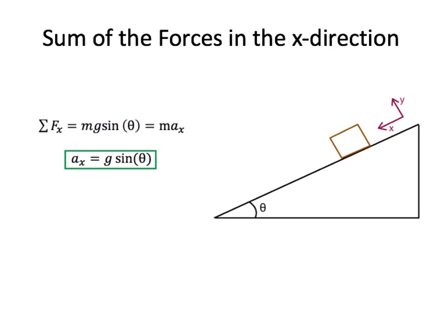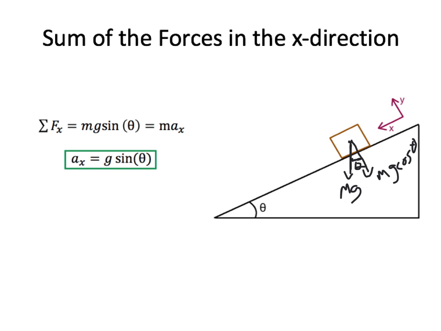So again, if I have my weight, we know that my weight is going to be pointing straight down, and that's mg. And I know that there's going to be a component, mg cosine of theta, and that's opposite the normal force, and there's my angle theta.